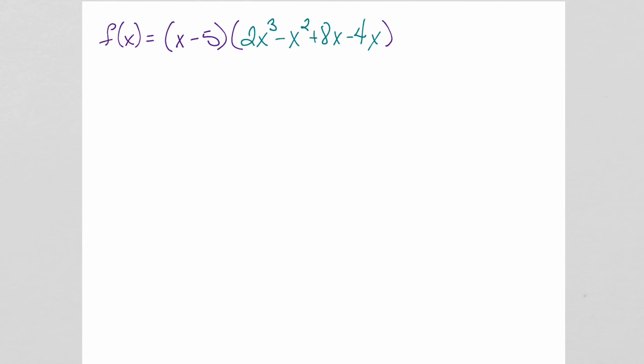Now we need to find the next term. On your notes, you can actually factor this by grouping, so I did it by grouping on your notes. But just to practice a little bit more, I'm actually going to go through the normal process of starting to test zeros again.